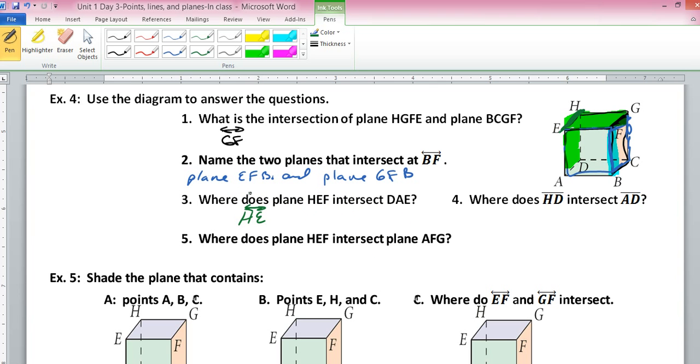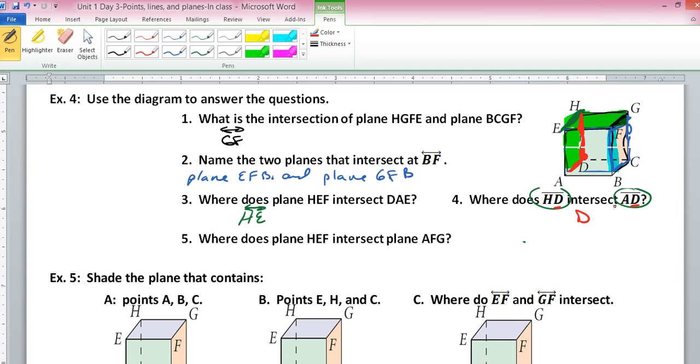Now, where do HD and AD intersect? And remember that there is a line. HD is here, AD is here, and if you look, they intersect at point D. You can also see that point is in both names.